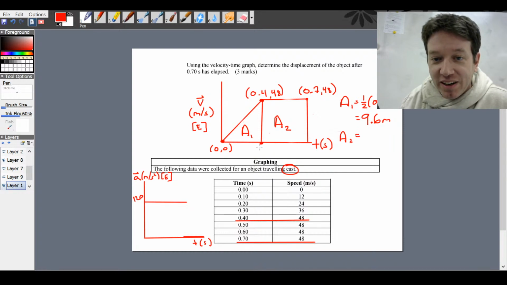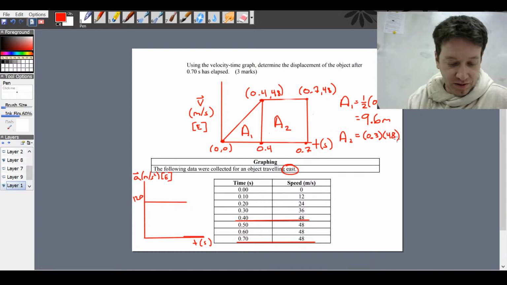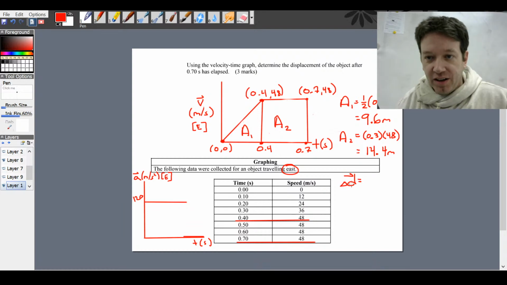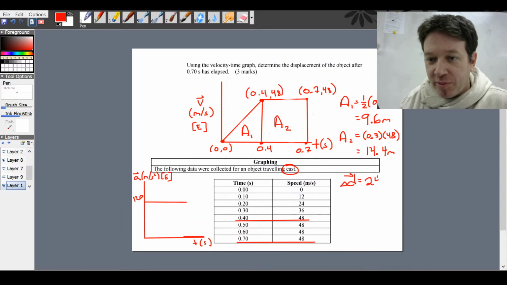Our length goes from 0.4 to 0.7, which is a total length of 0.3. 0.3 times our height, which is again 48. 0.3 times 48, 14.4. So if we add those together, we get a total displacement of 24 meters. Don't forget our direction, east.